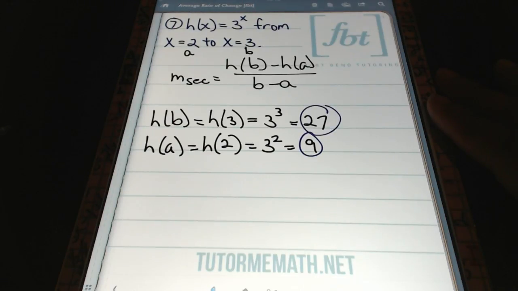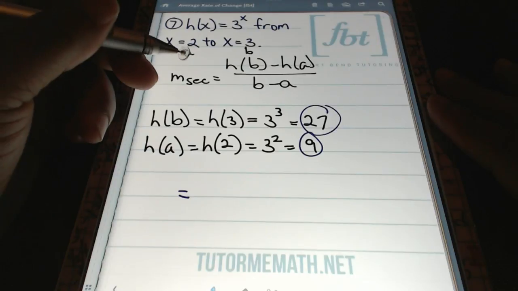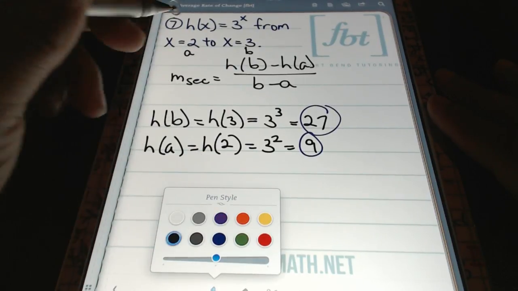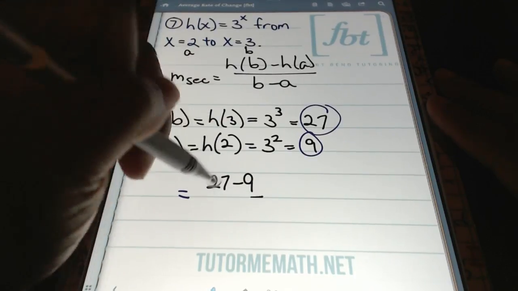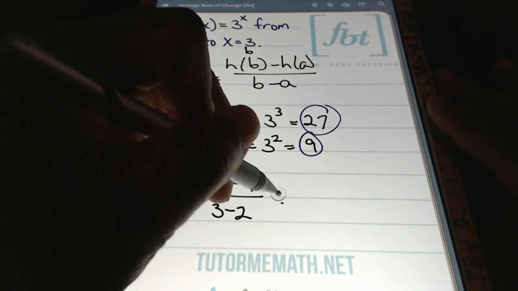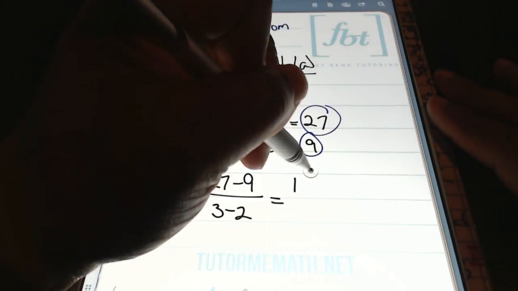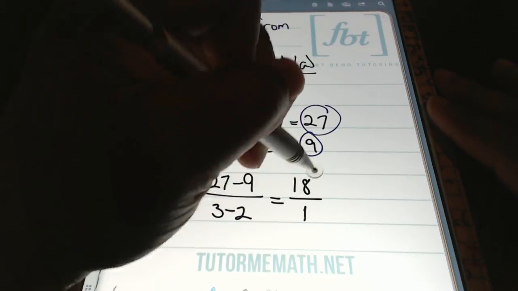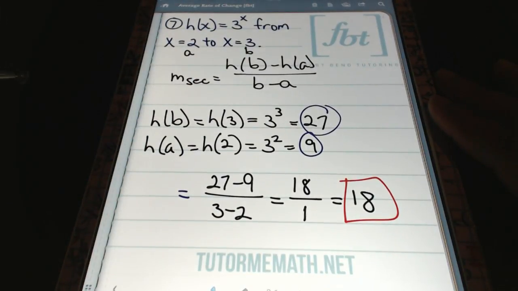And now we'll be plugging this into our slope formula for the secant line. So plugging this in, our h of b value is 27, minus the h of a value, which is 9, divided by 3 minus 2. So 27 minus 9, as Treasure Ghost has already told us, is 18. I hate that 8. Let's fix it. There we go. Over 1. So our result is 18 for the average rate of change.